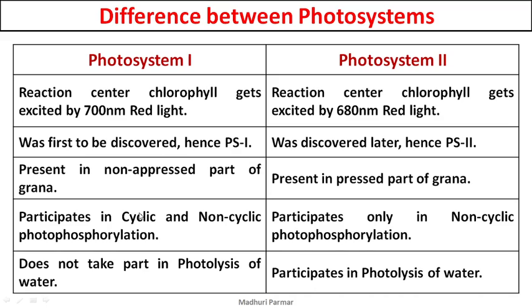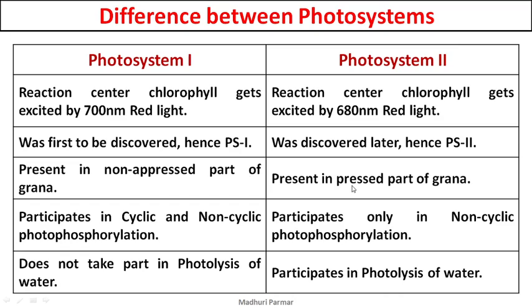Photosystem 1 does not take part in photolysis of water. It will not break down the molecule of water, while photosystem 2 is the only system which will break down the water molecule. Clear this much? So these are the differences between the two photosystems.